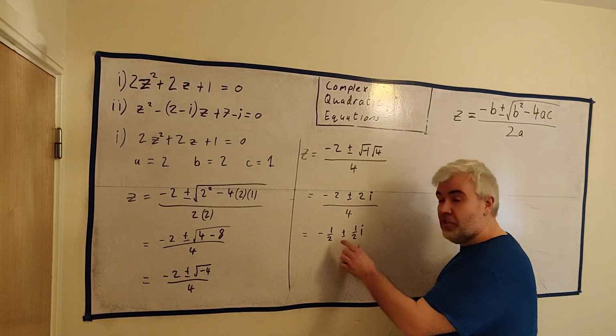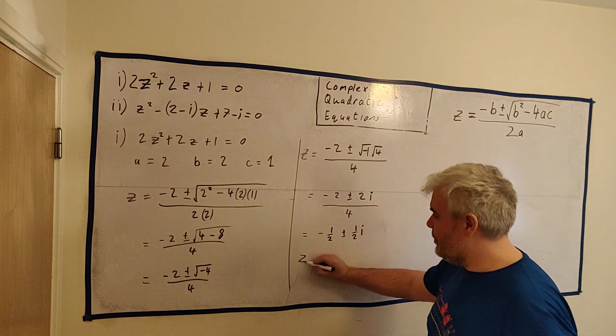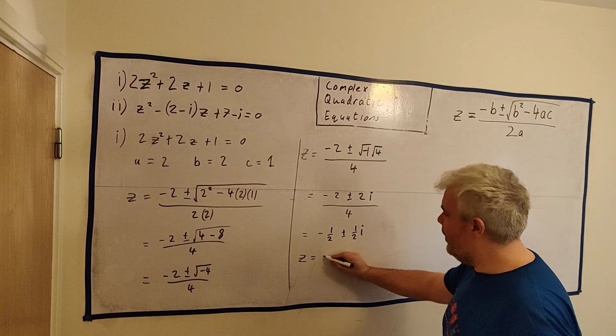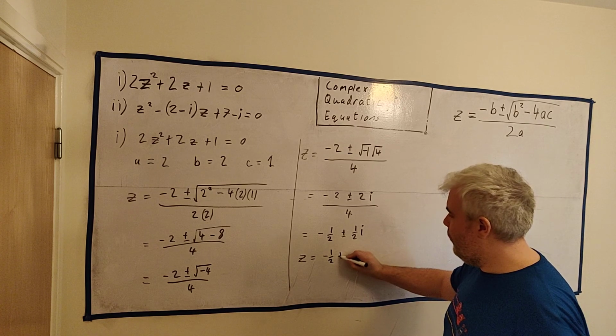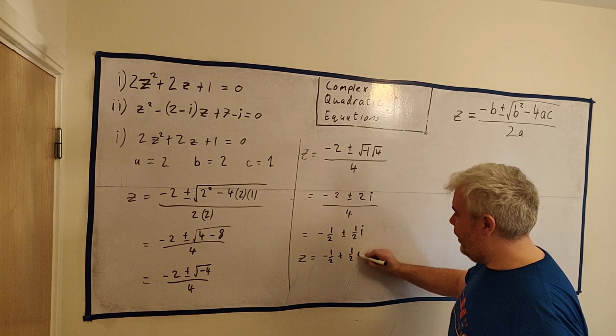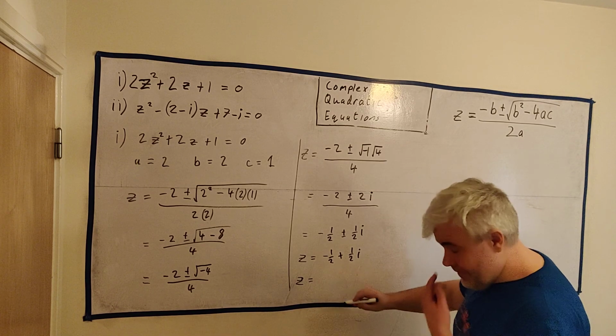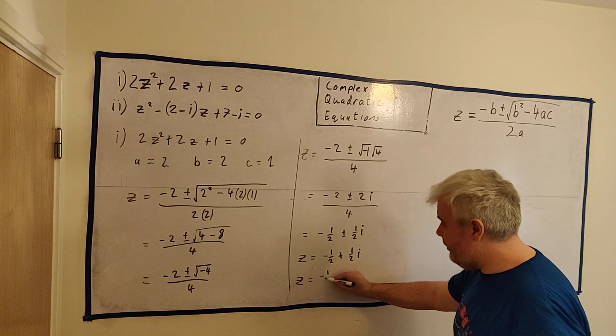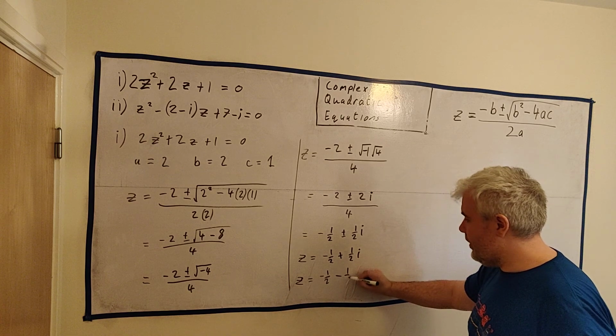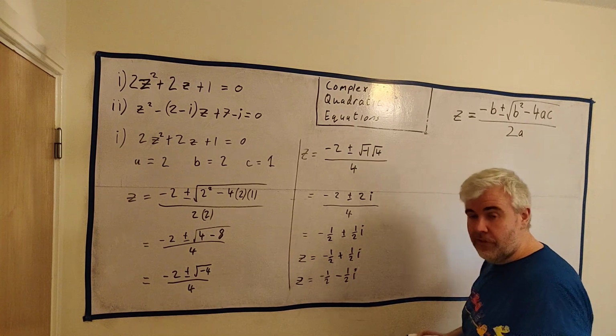So that, remember, is our two answers. Let's write out both of them separately just to be fairly clear about it. Z is equal to minus a half plus a half i, or our other answer is z is equal to minus a half minus a half i. So we get two answers.